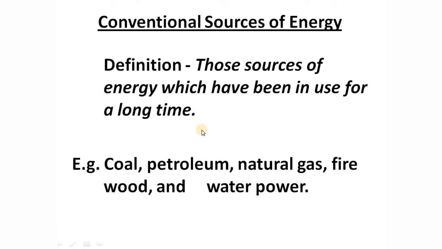Examples are quoted here: coal, petroleum, natural gas. Even petroleum is hardly around 150 years old. Coal maybe some 200 to 250 years old. Firewood you can count as some centuries old. So these are all very old fueling methods or energy drawing methods which we have been using.